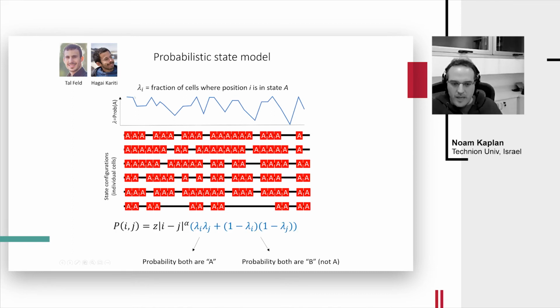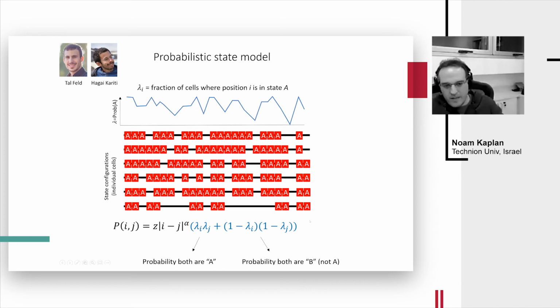Okay, how do we write it in the model? We again start with the distance decay. Now we remove the TAD part. You can ask me later about combining those if you like. And now we essentially just write what I said in words previously. In order to interact, both i and j need to be in A, or, plus in probability terms, they both are not in A, or in B. Okay, so that's it, very simple.